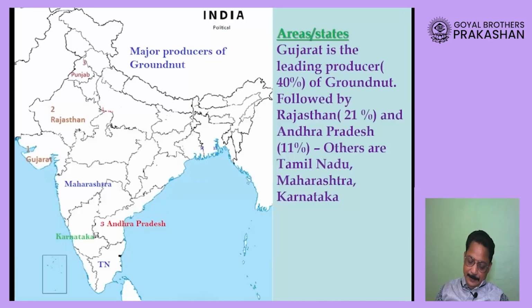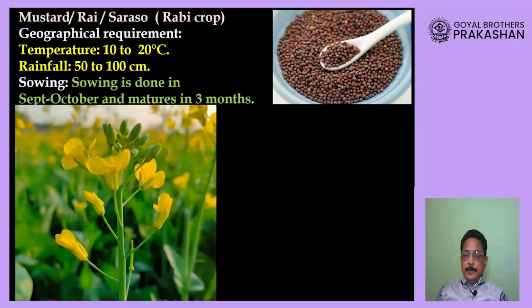But we have to remember, in case of largest producer, number 1 is Gujarat and number 2 is Rajasthan. Other states we have already seen: Andhra Pradesh, Maharashtra, Karnataka, and so on.